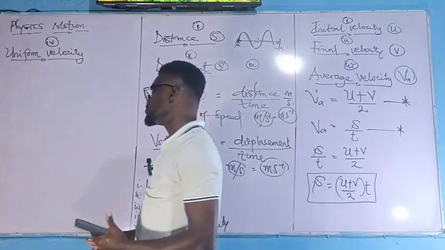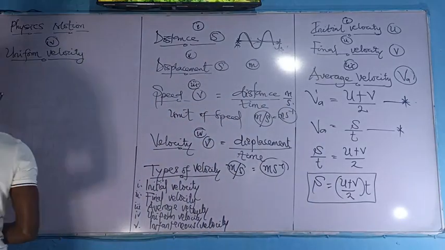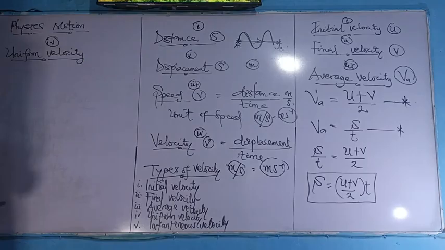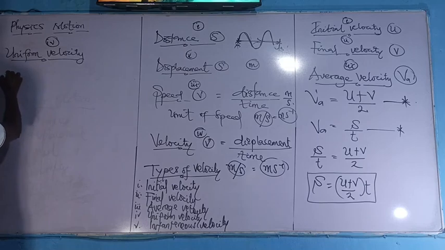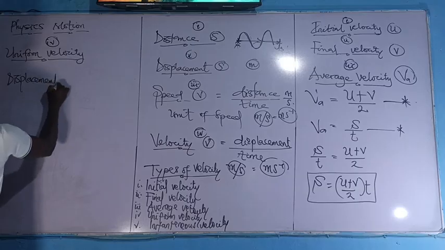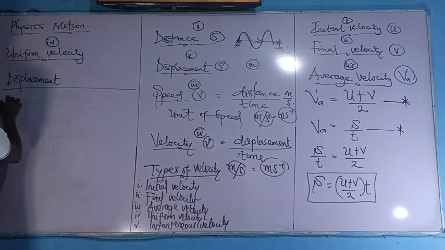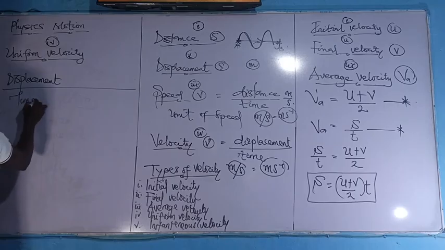Now let's use an observation to illustrate uniform velocity. Get the table of values. We have an observation, displacement, time.